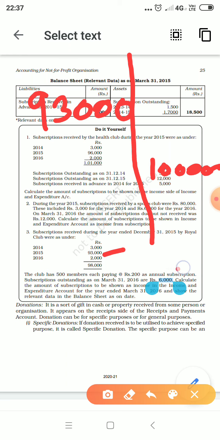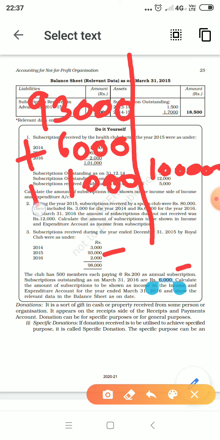It is mentioned here. It is 6,000. So plus 6,000. This is current year's outstanding. What is the balancing figure? 1,000. You can write previous year's advance. That's it. And how did we get 1 lakh? 500 into 200, we got 1 lakh.